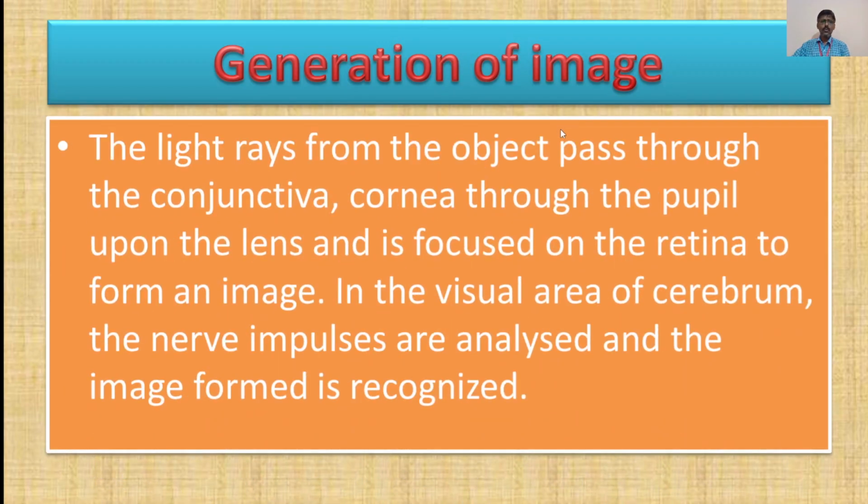Now moving towards the next part, how the image is generated in the eye. Now this point is the generation of image. The light rays from the object, remember, the light rays from the object pass through the conjunctiva and cornea, through the pupil. Now the opening, we call it the pupil, and then upon the lens, and is focused on the retina to form an image.